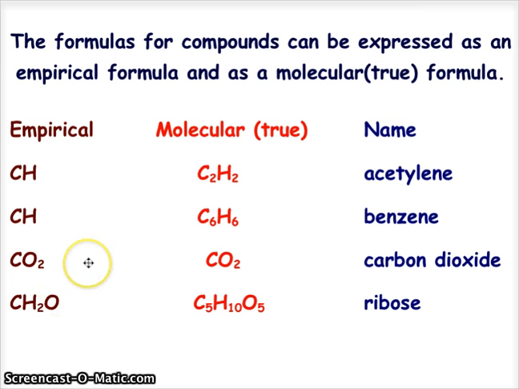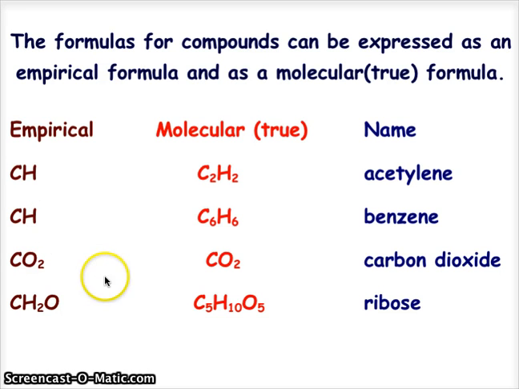So as we talked about in the last video, empirical is the lowest ratio value of the atoms of the element, where the molecular formula is the true formula. We looked at acetylene, C2H2, empirical is CH. Benzene molecular is C6H6, empirical is CH because it is a 1-to-1 ratio.